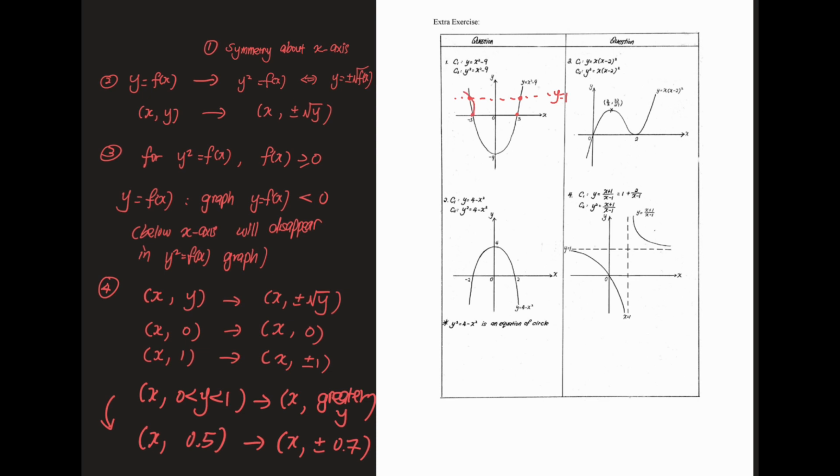More than 1, the graph is smaller. Likewise, it happens to this side. Then symmetry about x-axis. The graph below the x-axis will disappear. So at the end, the red graph here is y squared equal to x squared minus 9.